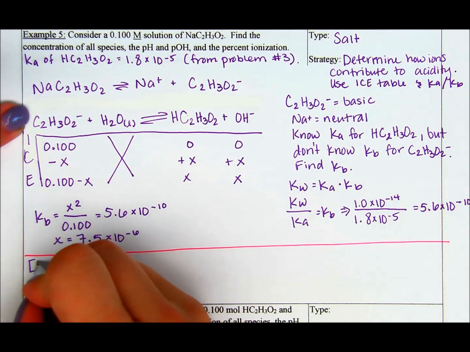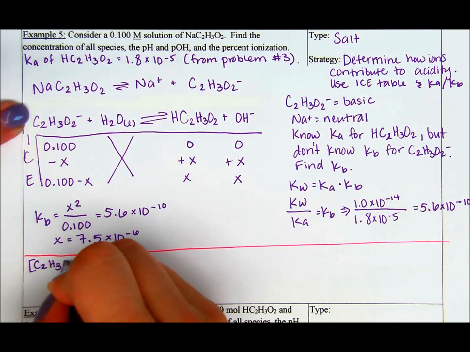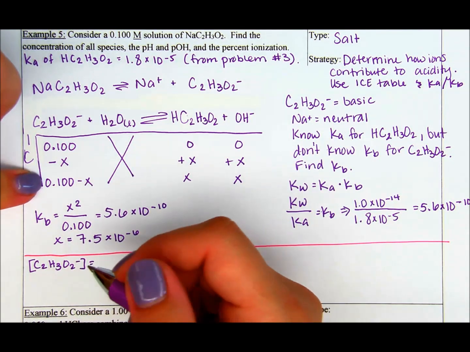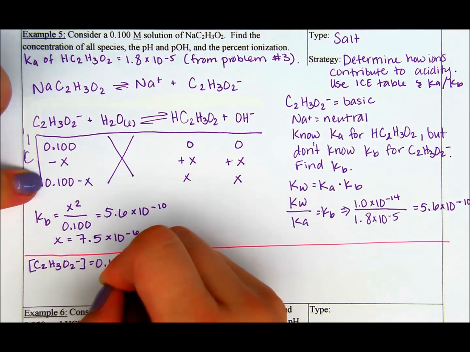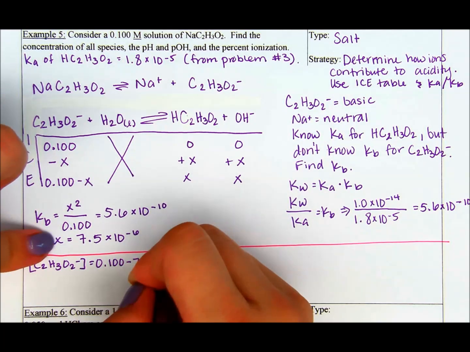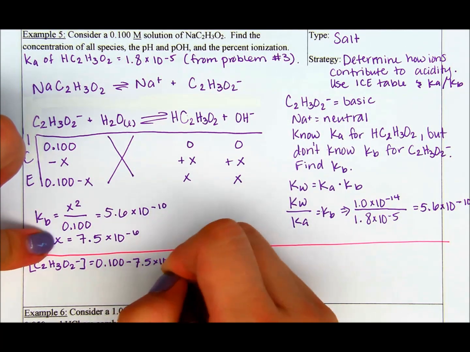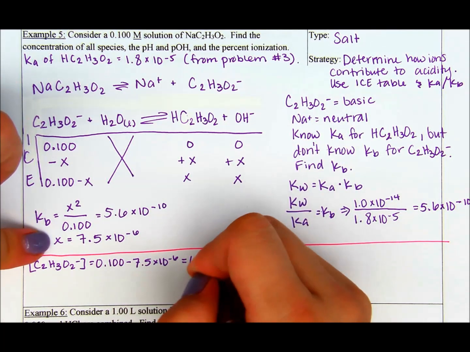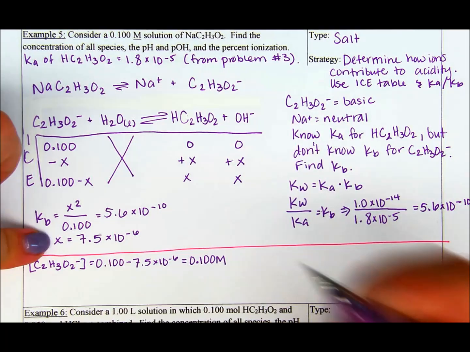So concentration of acetate, C2H3O2 minus, equals 0.100 minus X, and my X is 7.5 times 10 to the negative 6. Well, you plug that in and it's still 0.100 molar.